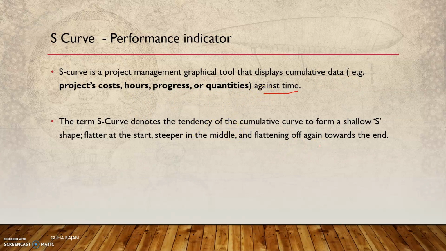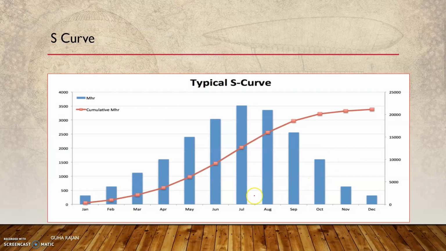If you look at a typical S curve, the reason it is called an S curve is that it looks like an S. This is the planned one. Normally, against the plan, you also create the actuals.